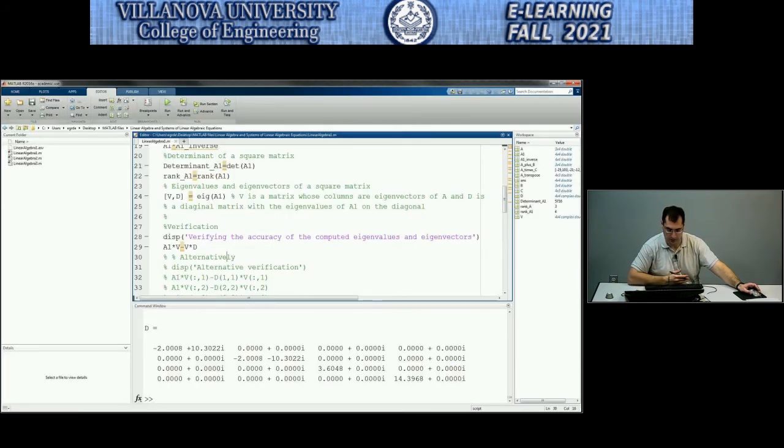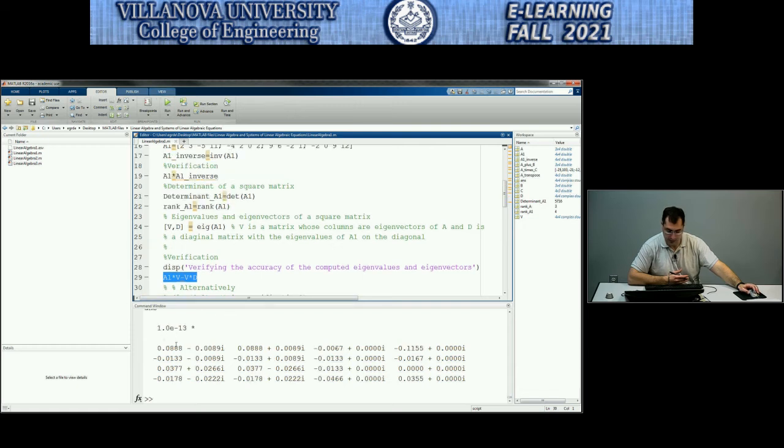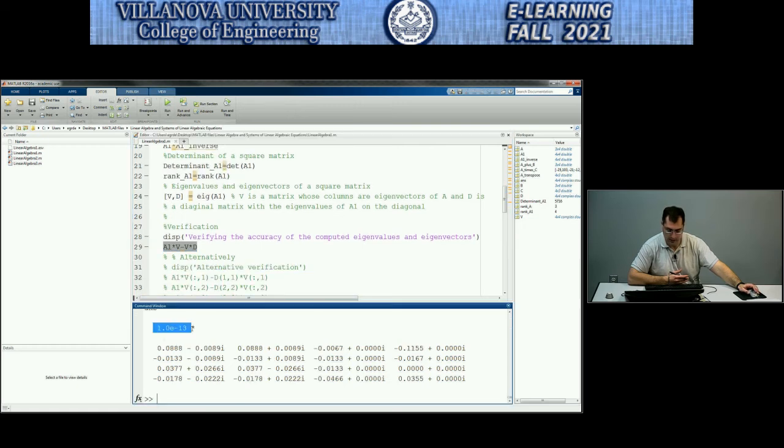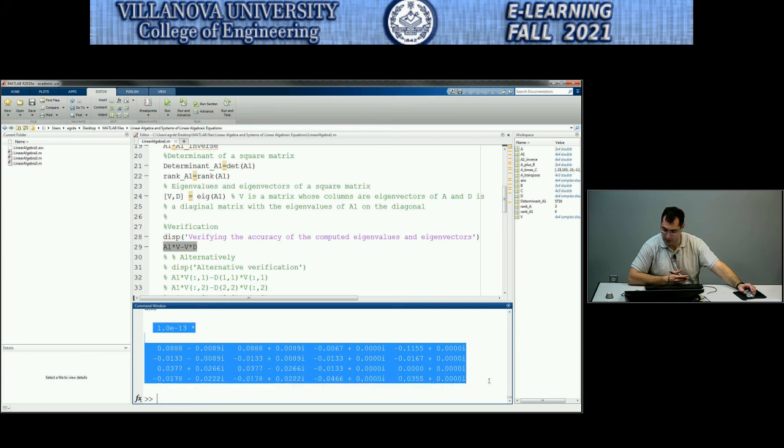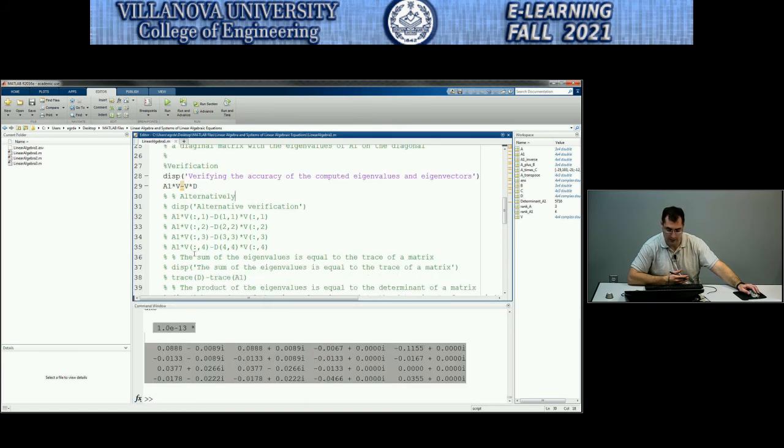This is how you do this in MATLAB: A times V minus V times D should give you a 0 matrix. And you can see in MATLAB it is indeed 0. Anything that is 10 to the power of minus 13 is viewed to be 0. So you got this right.